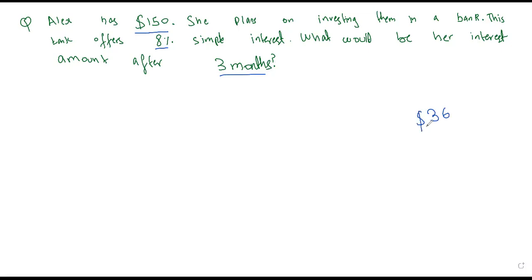What about Surhan and Saneem? Oh wait, I forgot to do the total amount. No, no, you have to find the interest amount only, not the total amount, right? Okay.